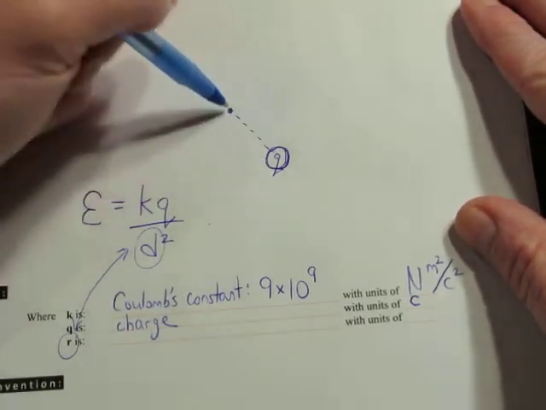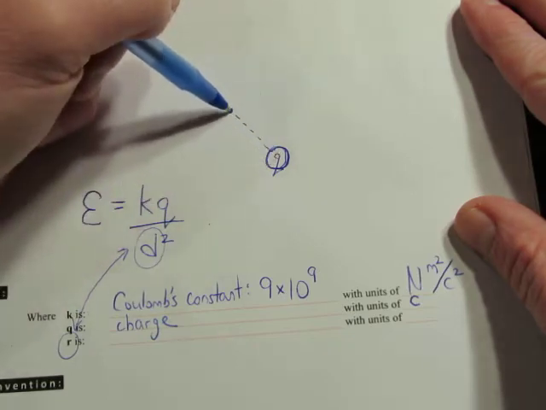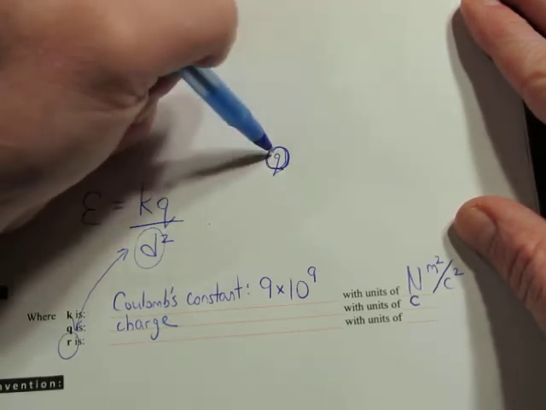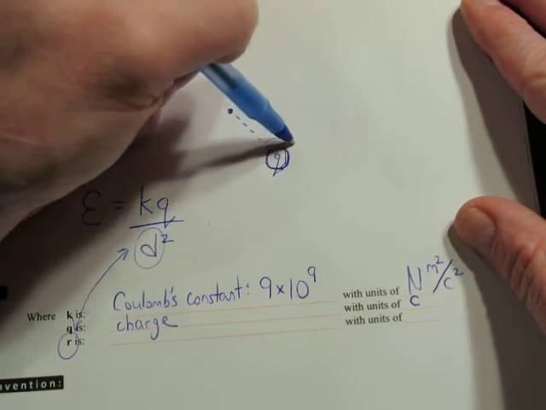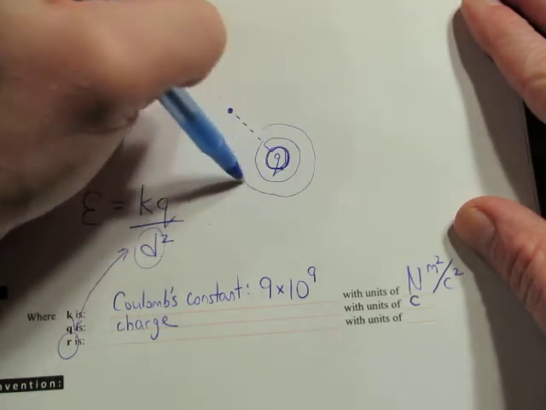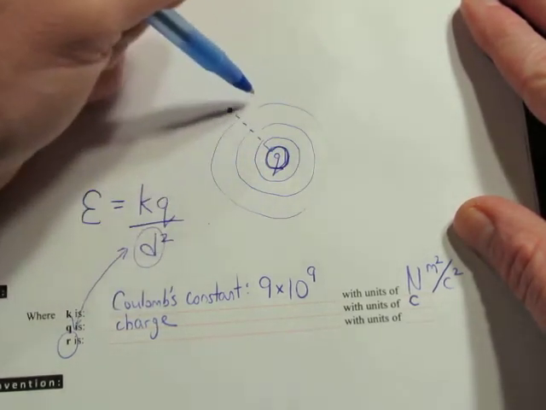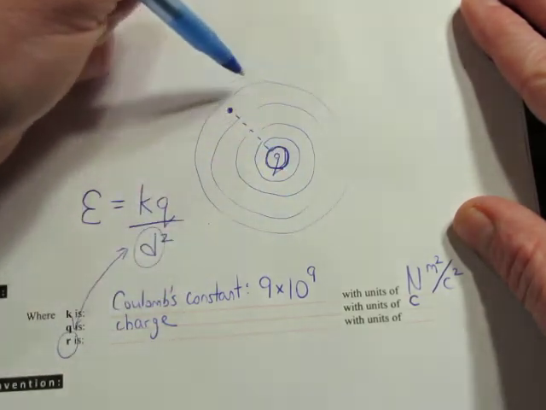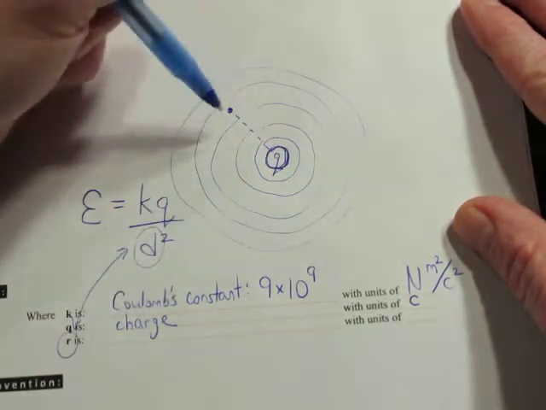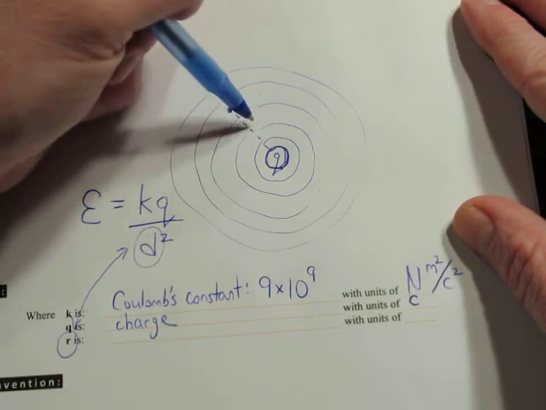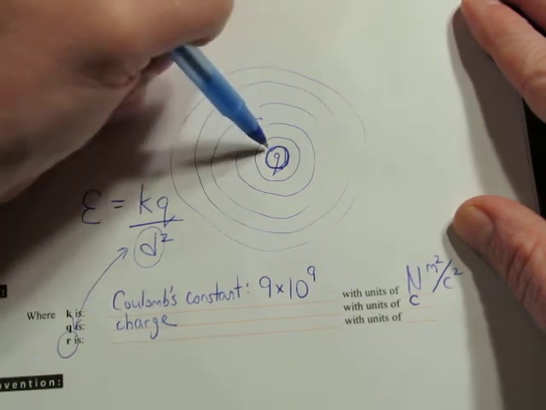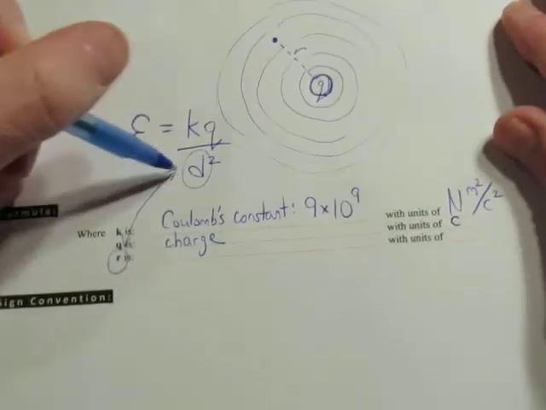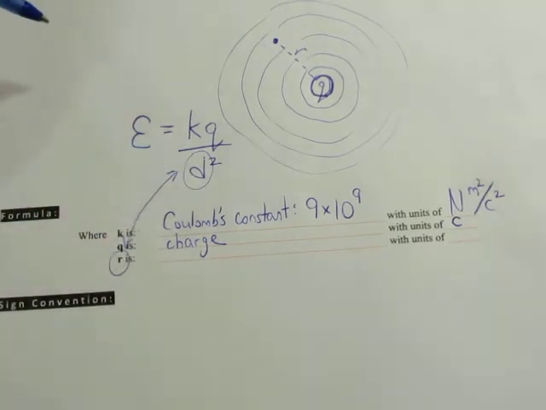You could think of that as a distance from the charged particle to that distance in question, but you can also think of the charged particle as creating sort of a circumferential pattern around it of field. And therefore you could think of this as a radius as well, going out to that point. But they're equal, and you can kind of flip-flop between R or D whenever it makes more sense to you.